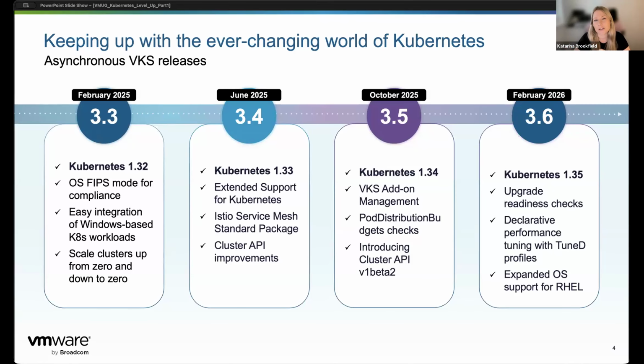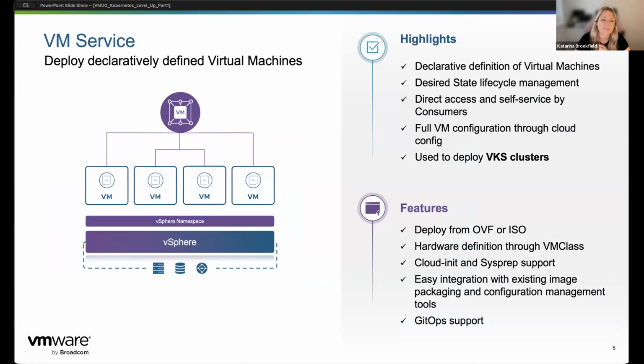And for that, we give you VM Service. What that is, is the ability to deploy virtual machines, as you have been doing, but using these Kubernetes constructs. And again, it's something that I will be showing you so you can understand how it works.